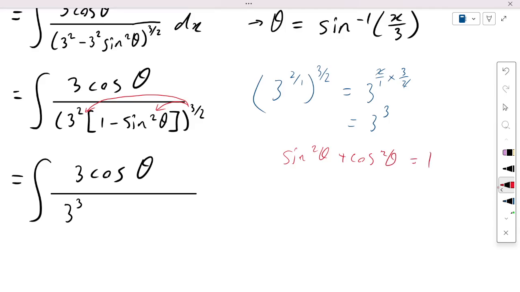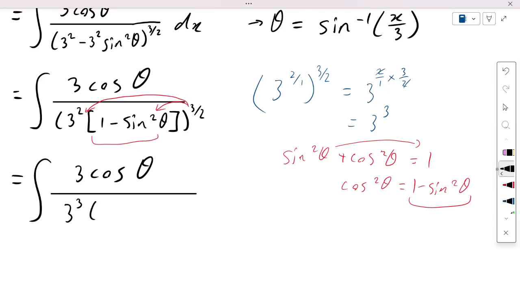If we take the sine over to the other side, we get cosine squared theta is equal to 1 minus sine squared theta. Okay, so then we have exactly the same thing over here, which is equal to cosine squared theta. That's what we're going to be replacing it with.